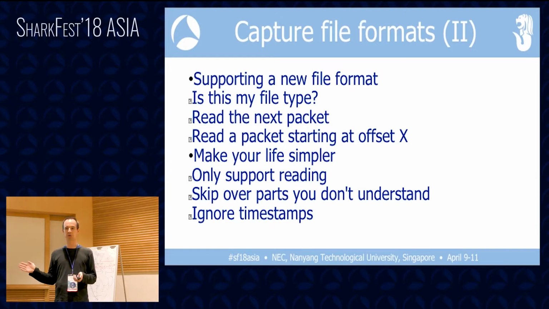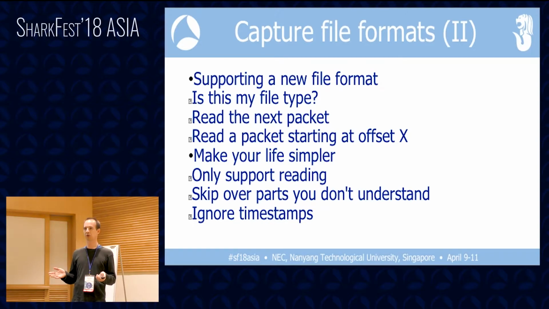You can just skip the rest and display what you know. That's the same with protocols. It's no problem if you submit a protocol dissector and you have no idea what most of the fields mean. As long as we don't display wrong information, it's okay if we just say we don't know what that means.